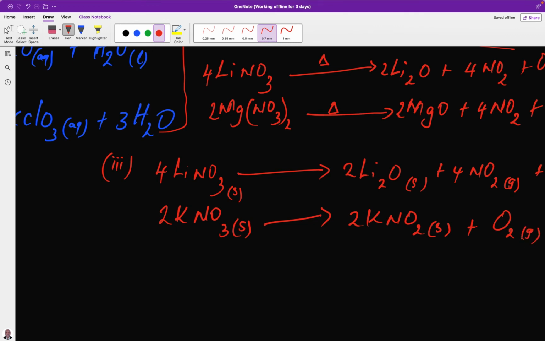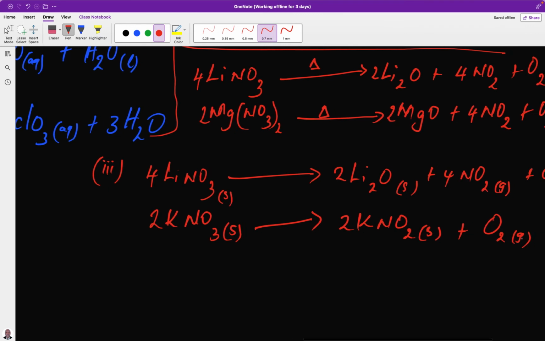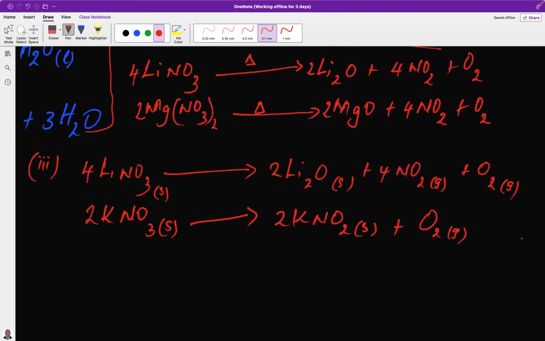So that is what you will have as the effect of heat on the nitrate of lithium and the nitrate of potassium.